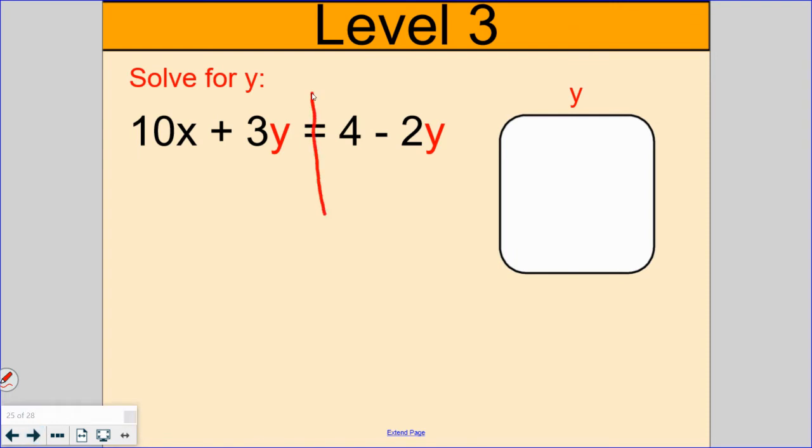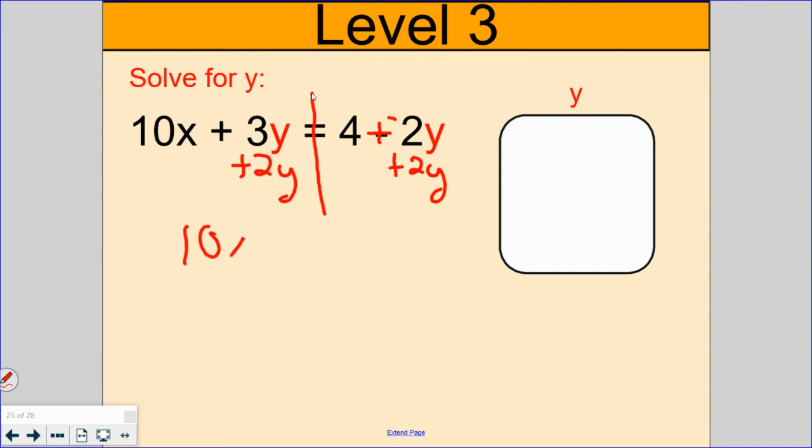Mom's in one room and Dad's in the other room, and they're giving us chores, so we need to combine those together. We like to look at which one is smaller, and we can change this to subtract or add a negative. Which one's the smaller, the 3y or the negative 2y? Well, the negative 2y is, so we're going to add 2y to both sides, to get all the y's on one side.